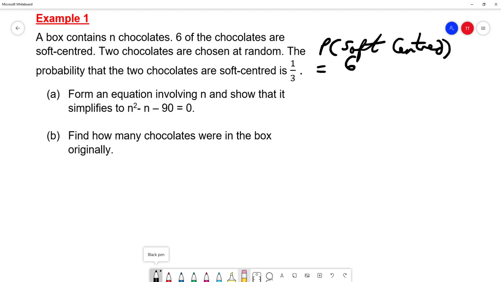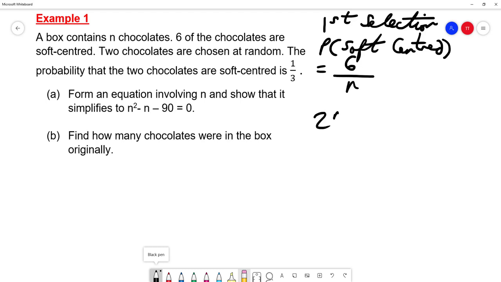There's 6 of them that are soft-scented, so 6 out of the total, which is n. So that's on the first time. So the first selection is the probability of me choosing a soft-scented chocolate is 6 out of n.